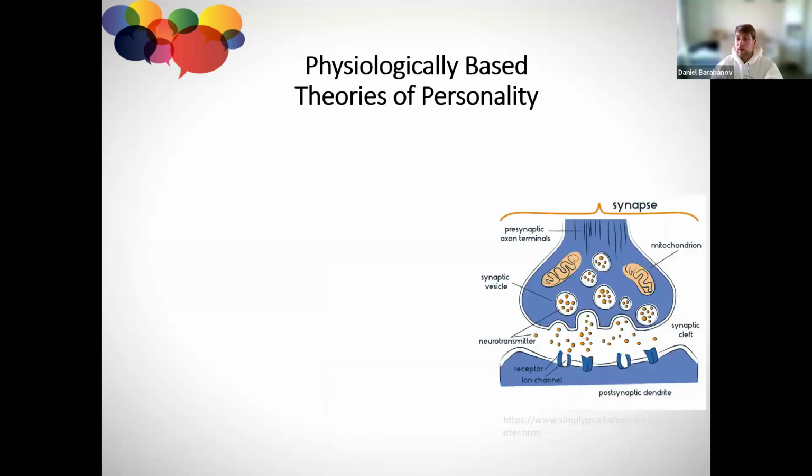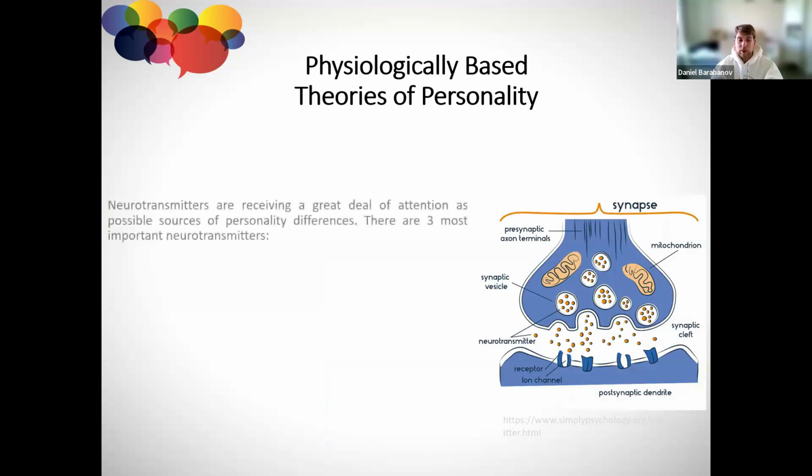It's actually quite an interesting physiological explanation of quite a psychological phenomenon, right? Other psychologists were also interested in neurotransmitters and their role in our behavior and different cognitive processes, as well as emotions.